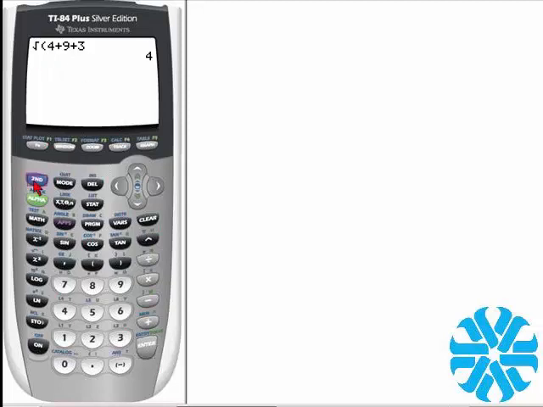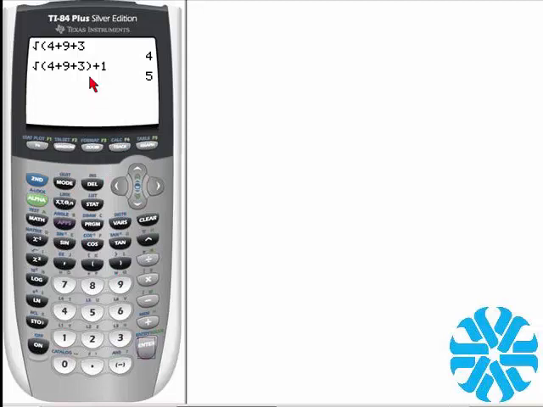So we take the square root of 4 plus 9 plus 3, and we want to add that to 1, we definitely need to close the radicand here and add 1 to it. So that's going to be 4 plus 1, which will be 5. And there we have it as 5.